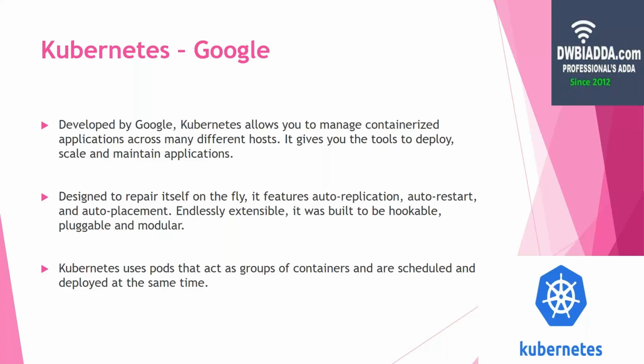So you can deploy as many applications as you want using the Kubernetes engine, and it won't face any difficulty in doing that. Hookable basically means that you are able to integrate your Kubernetes engine with multiple hosts and applications, and you are not facing any integration issues.